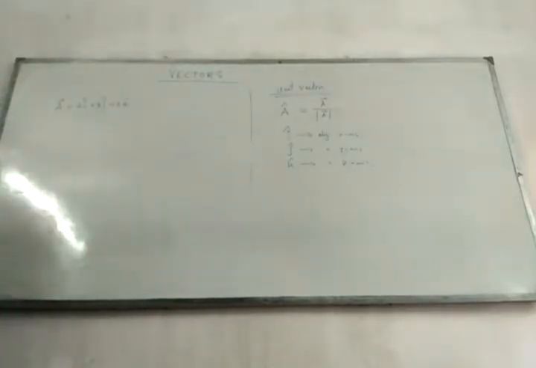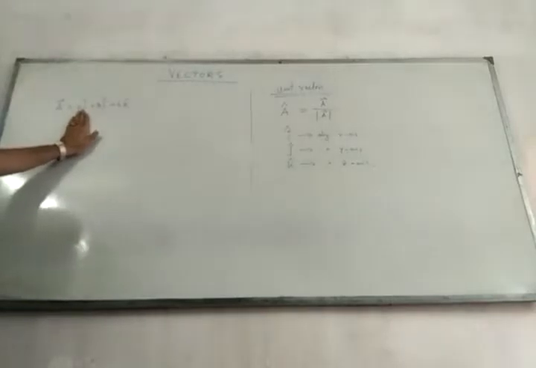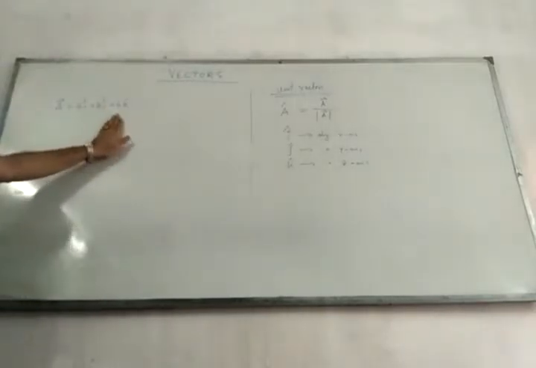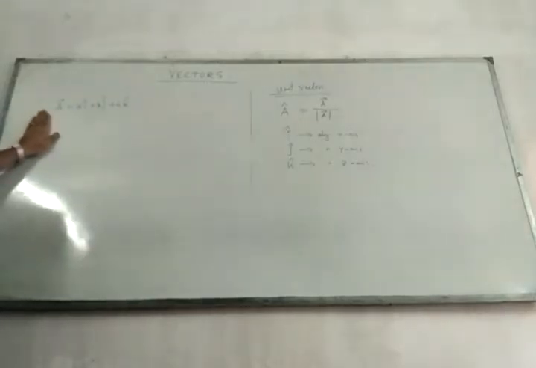What does this mean? It means the vector A is the resultant of 3 different vectors. One is along the x-axis, one is along the y-axis, one is along the z-axis. Or you can also visualize it as the vector A being broken up into 3 components along the x-axis, along the y-axis and along the z-axis.